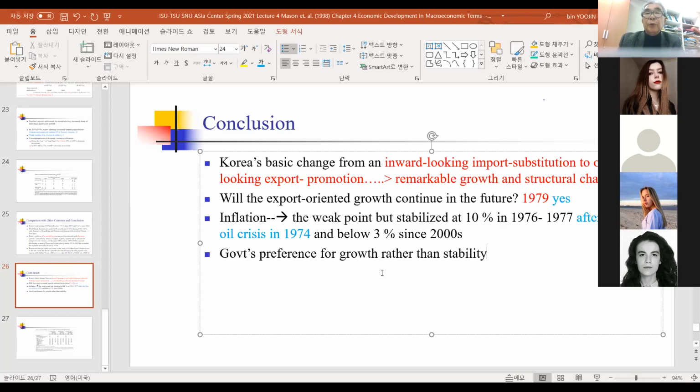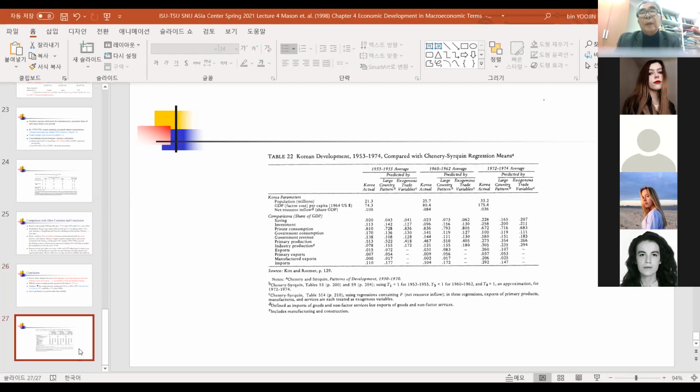Without growth, you cannot promote the nation's welfare. So the Korean government wanted to make further growth. So this is a ternary table. You can take a look at it, but it's not as important as the growth accounting result.